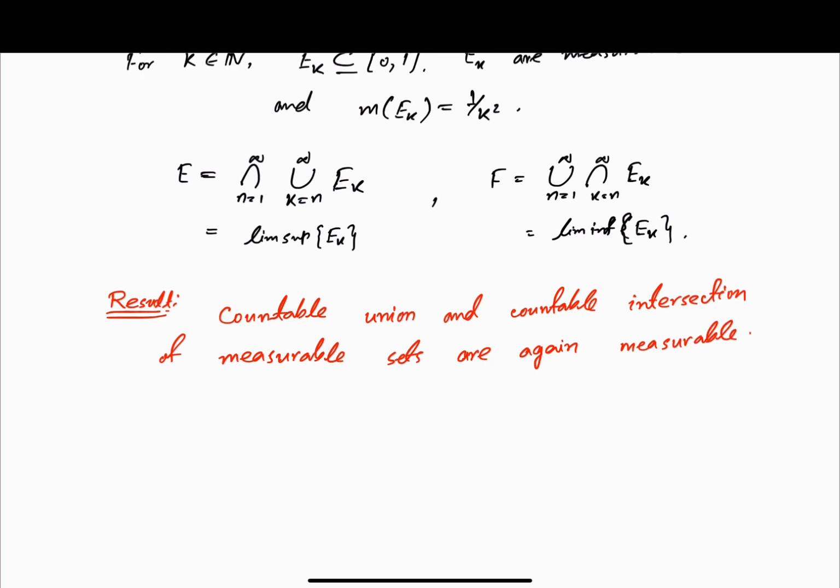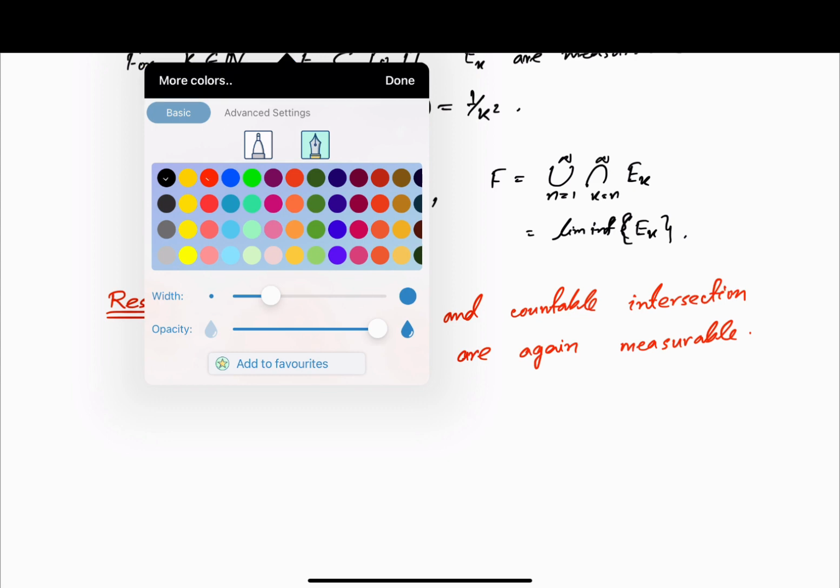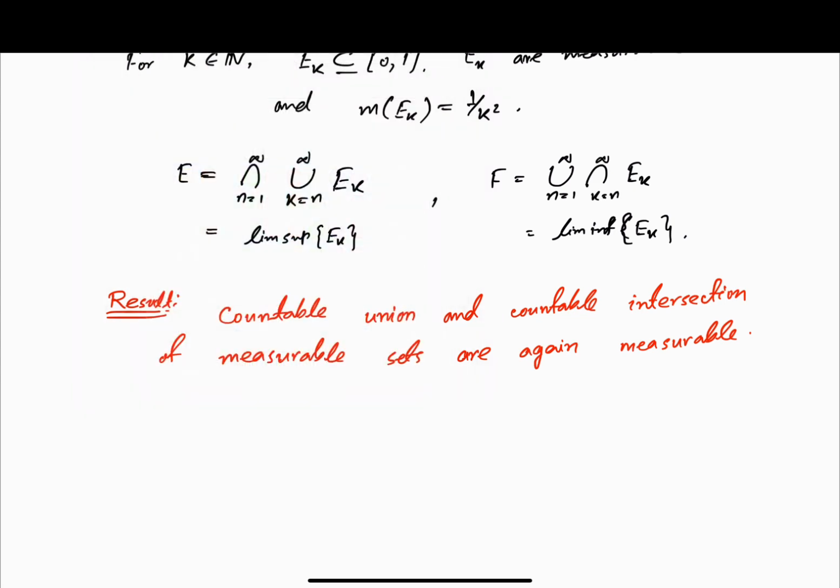So what is E? E is basically first we have taken the countable union, then the countable intersection. And F is similarly the other way: first we have taken the intersection k equals n to infinity, then the union n equals 1 to infinity. So therefore E and F are Lebesgue measurable.